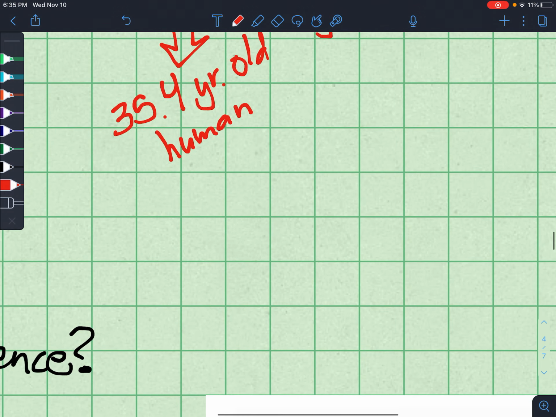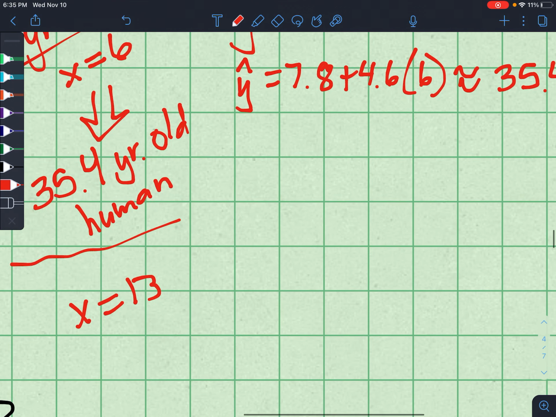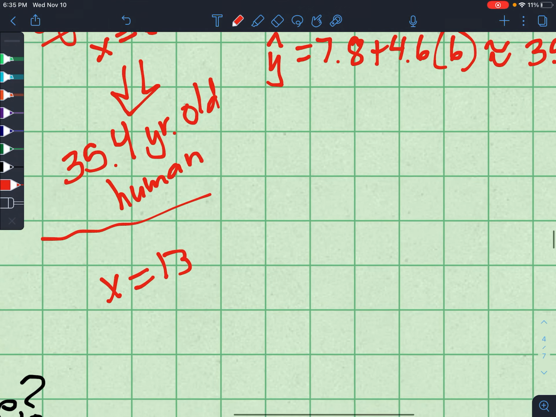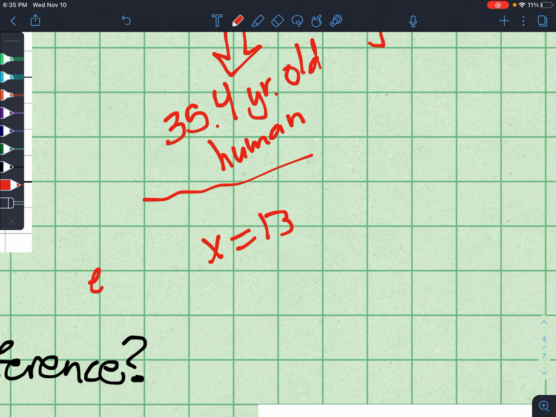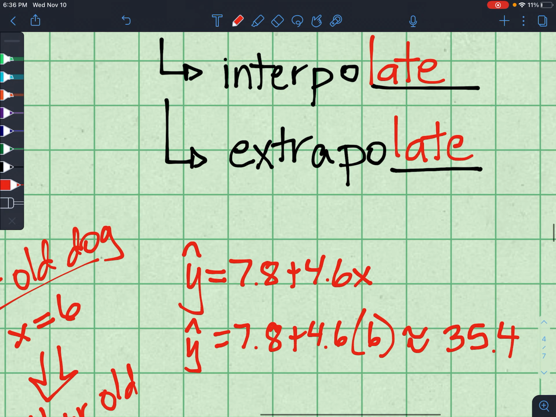Now, let's say your dog was older than that. Let's say your dog was 13 years old, an older dog, one that's been around the block a few times. Well, now this is actually extrapolating, not, what did I call it? Interpolating, but extrapolating.